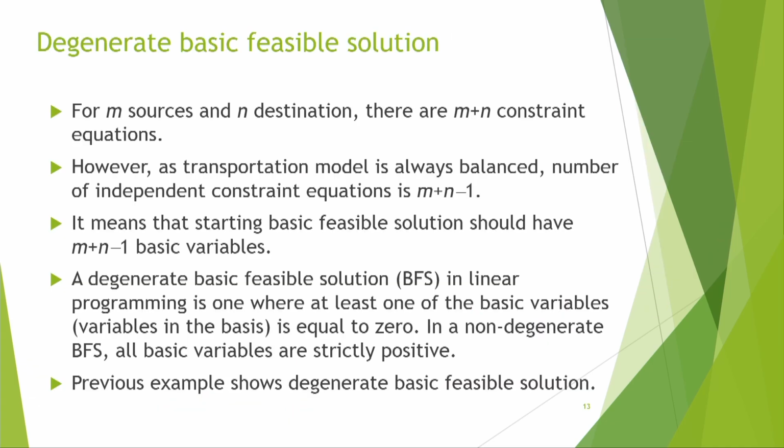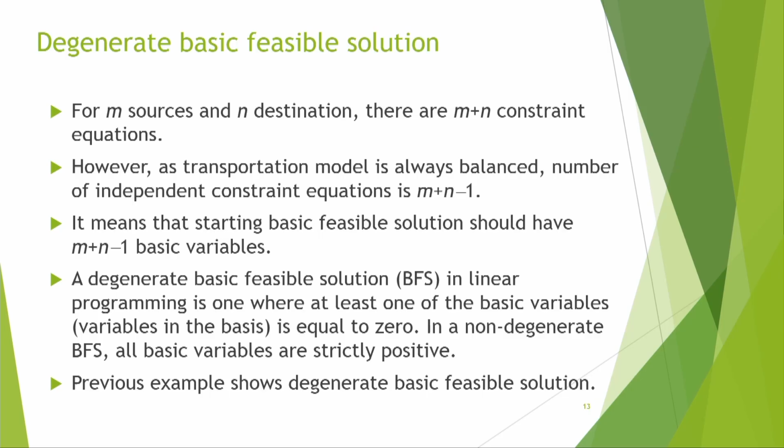So what happens is that for m sources and n destinations, there are m plus n constraint equations. However, as the transportation model is always balanced, the number of independent constraint equations is m plus n minus 1. It means that the starting basic feasible solution should have m plus n minus 1 basic variables.